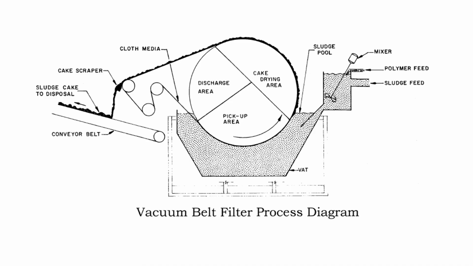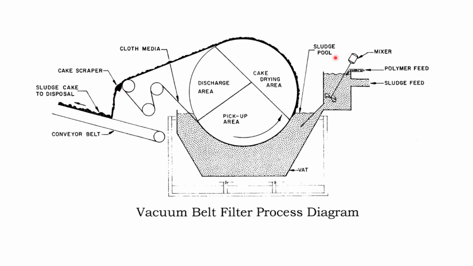Okay, you basically have a sludge pool, and you've got this big drum rotating, and it's going to pick up some of the sludge. As it comes up, the sludge cake's going to dry, and you've got this belt here. And what's going to happen is it's going to be sent to a scraper and then to a belt press.